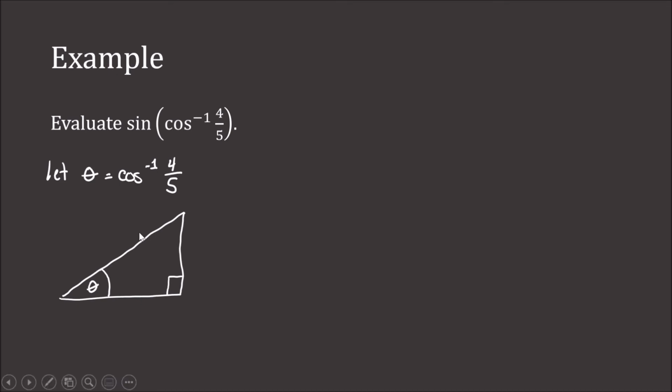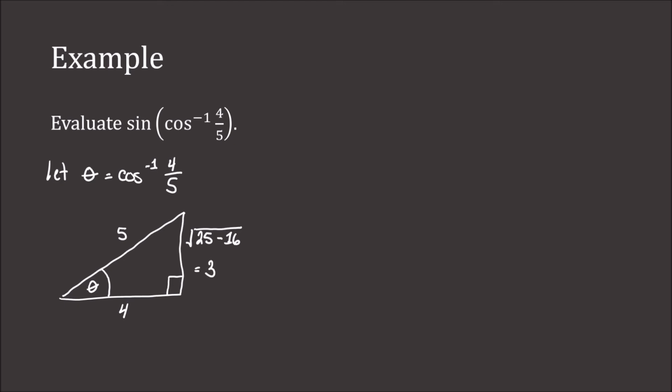Cosine is adjacent over hypotenuse, so this length would be 4 and this length would be 5. Then the missing length is the square root of 5 squared minus 4 squared, which is the square root of 9, which is 3.